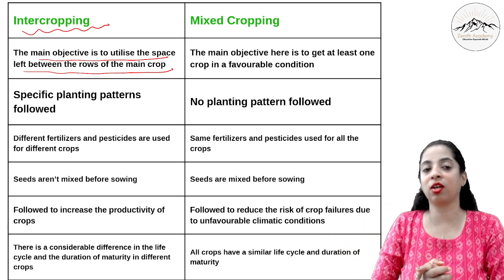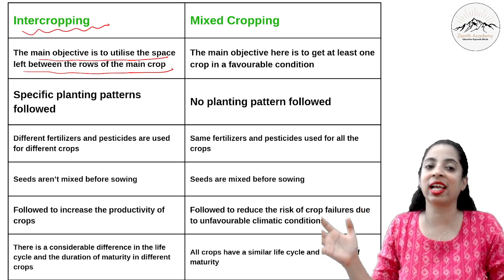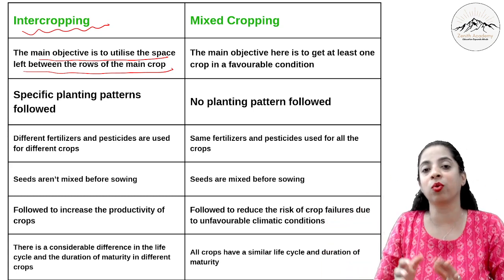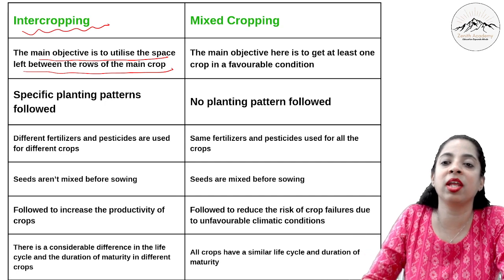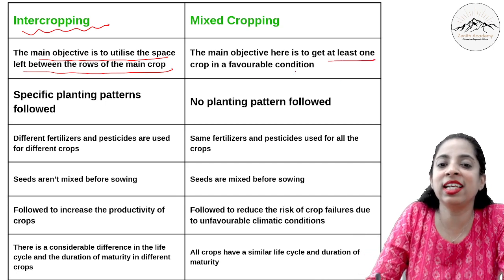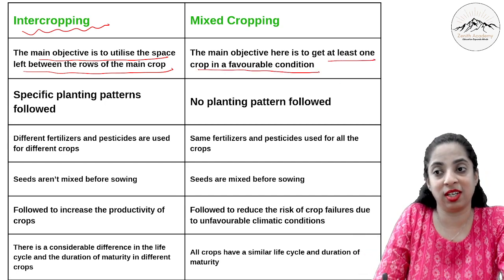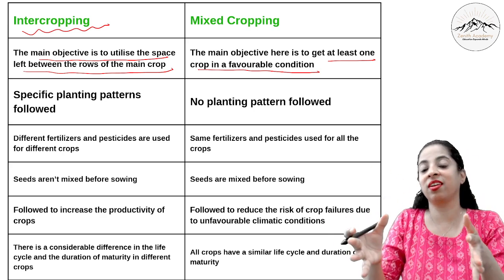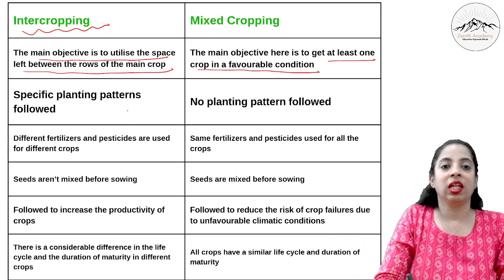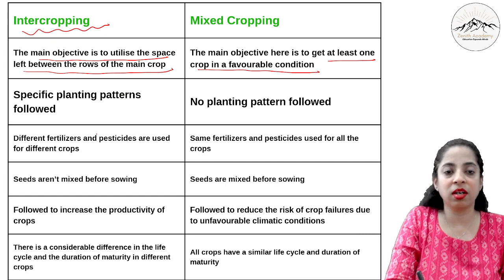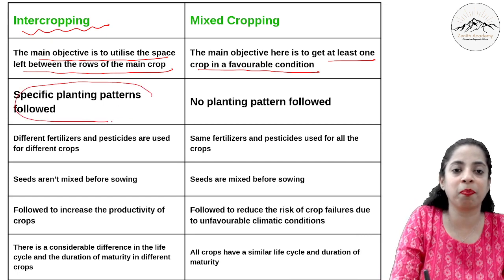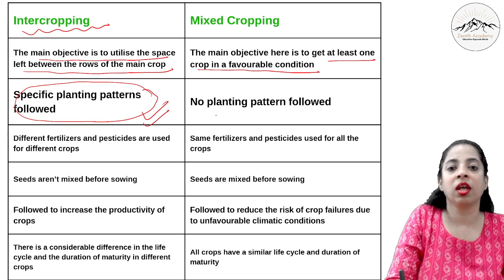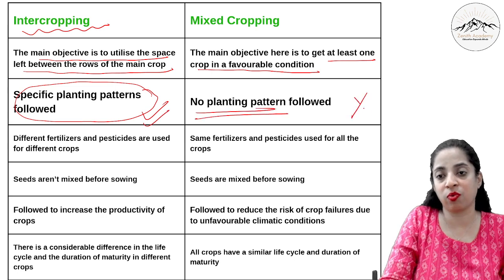Whereas in mixed cropping, the main objective is to get at least one crop in favorable condition. Even if one dies, the other will be there. In intercropping a specific planting pattern is followed; in mixed cropping no planting pattern is followed.